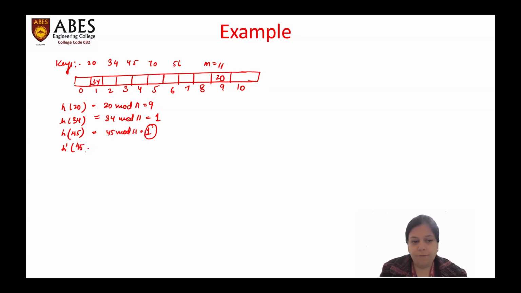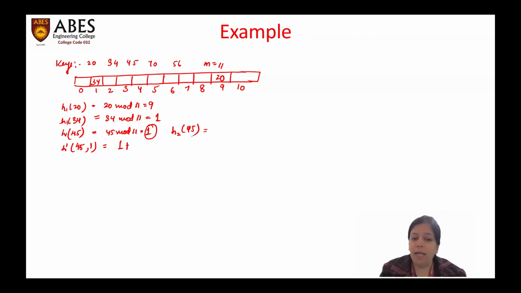So this will be h'(45, 1), represented by h1(k), which is 1, plus 1 times h2. All these earlier functions were h1, but now we also have to calculate the h2 function for 45.